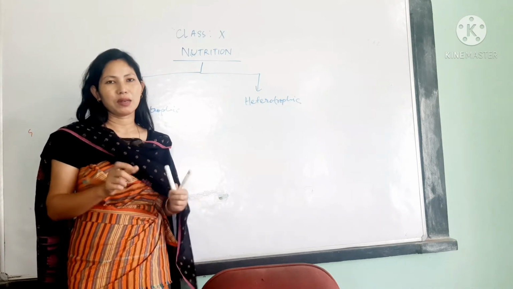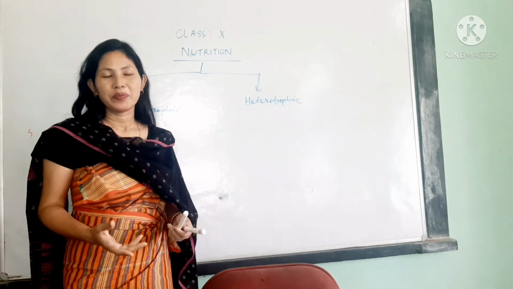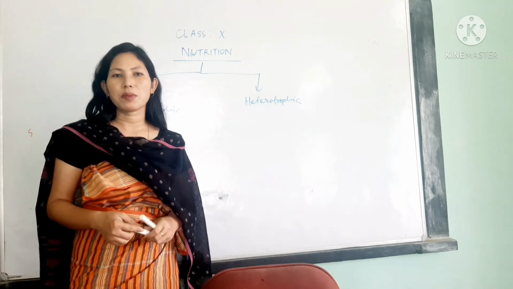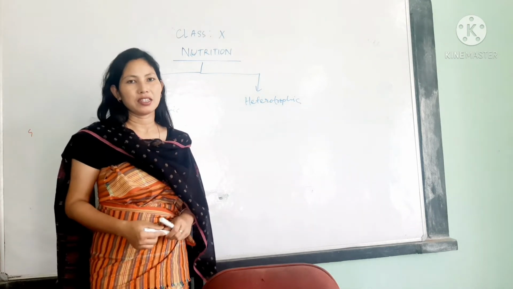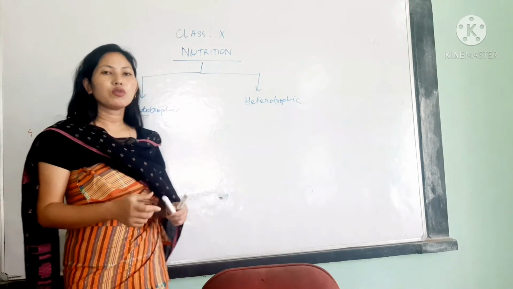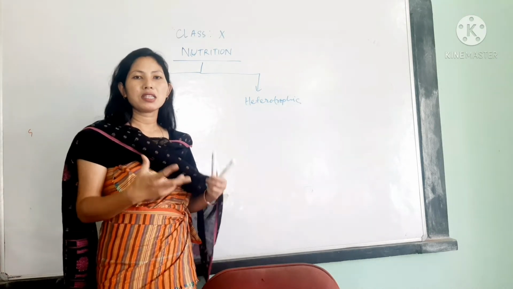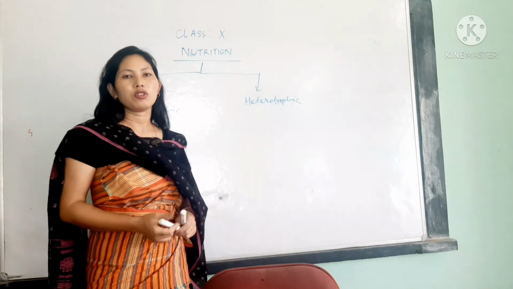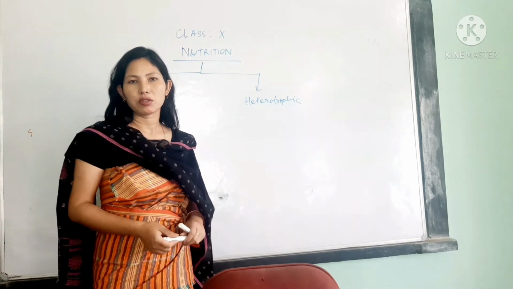Those are not the food I am talking about. It is the organic substance synthesized by an organism in order to get energy. Those foods are the biomass present on Earth. So the autotrophs are the main producers of biomass in any ecosystem.